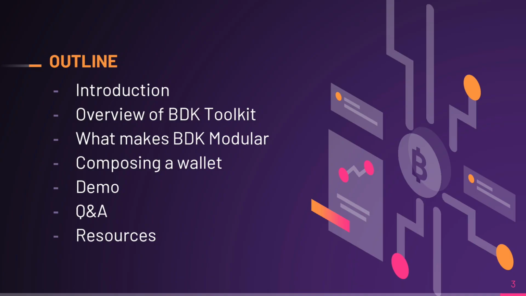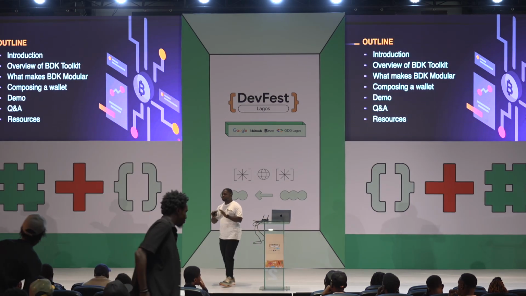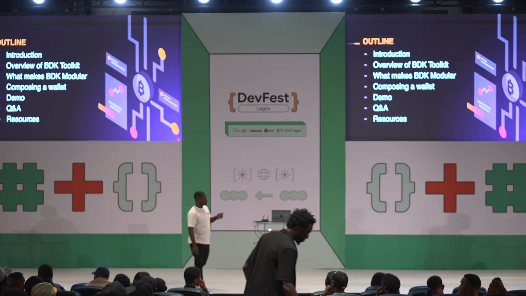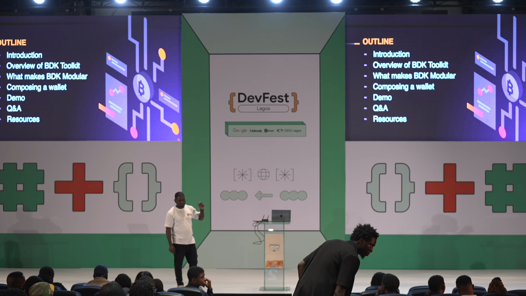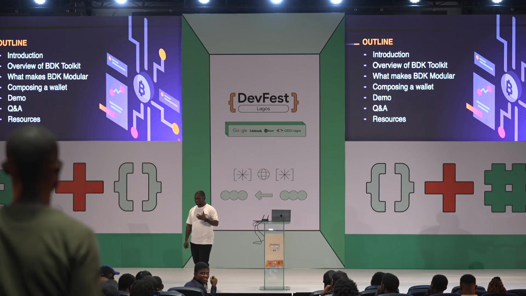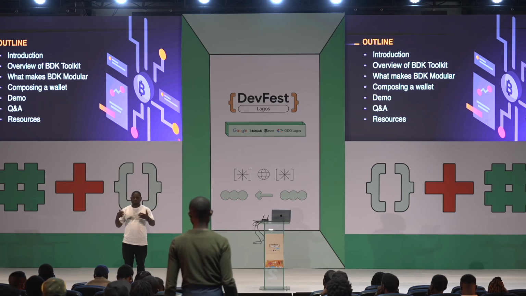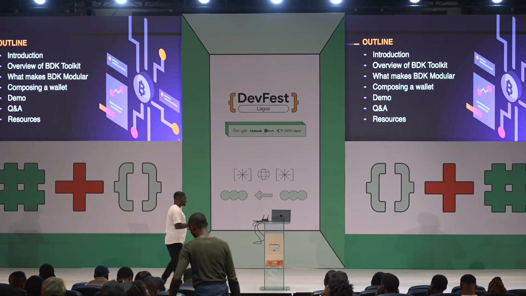So in this talk, we are going to look at what actually makes up what we call a wallet. We are going to look at how the BDK project, or the toolkit, makes it easy for you to build wallets. My talk is about composing, which means bringing different components together.